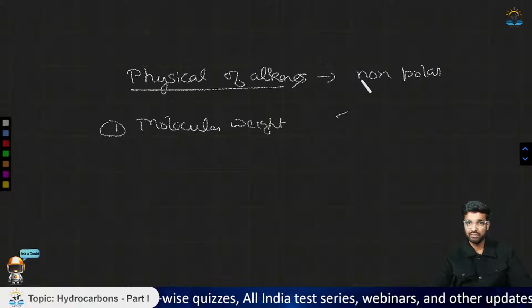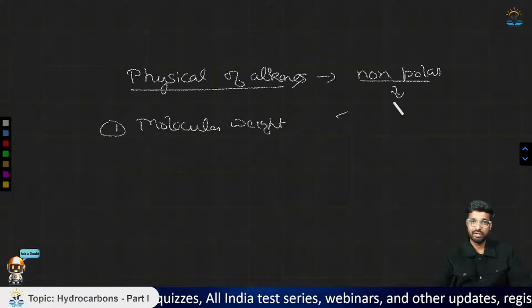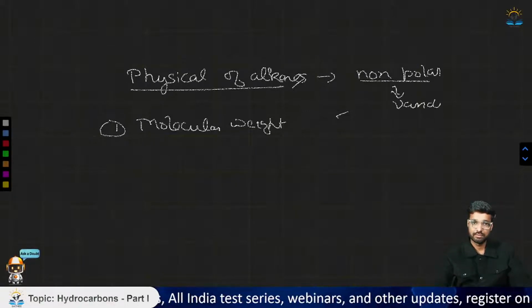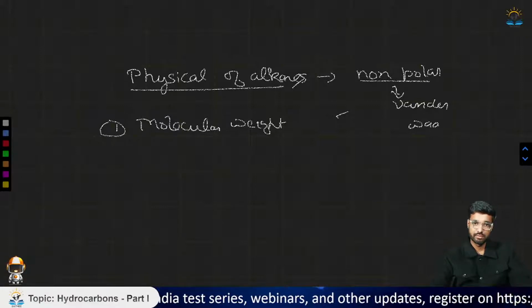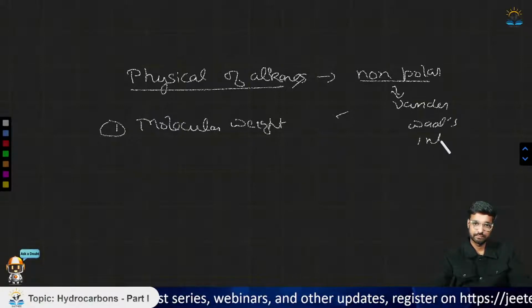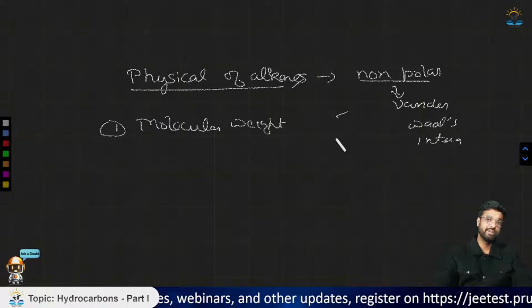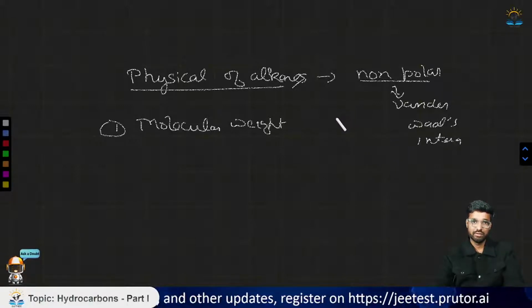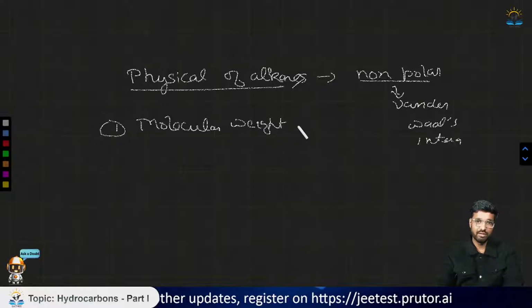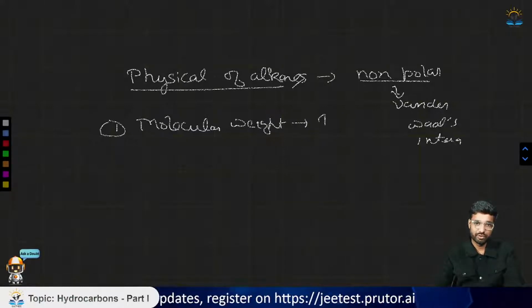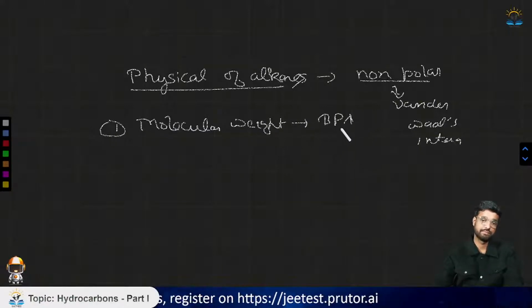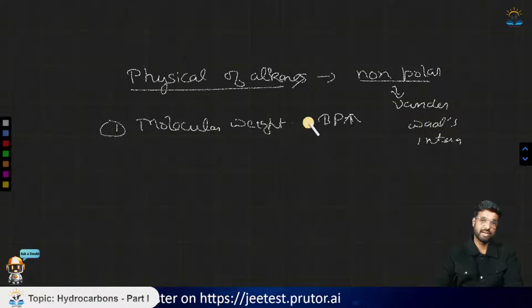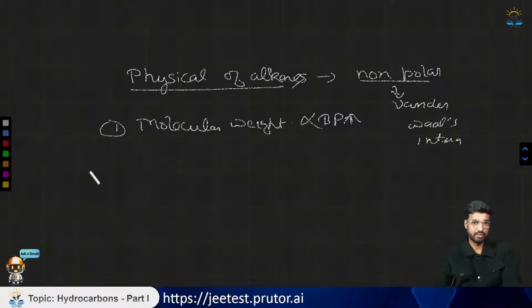They will just have van der Waals interaction. And we know very well that van der Waals interaction is directly proportional to the size. So greater the molecular weight, greater will be the boiling point of this alkane. So it is directly proportional to boiling point.